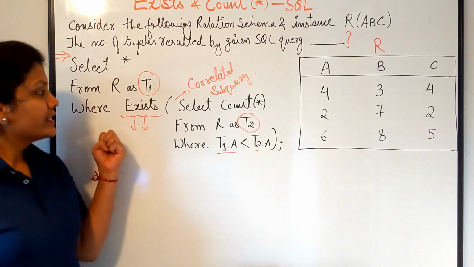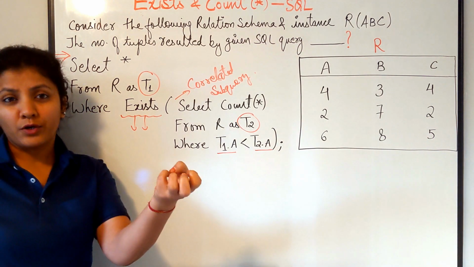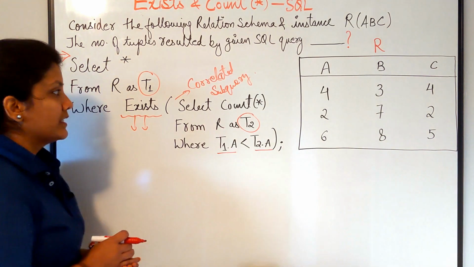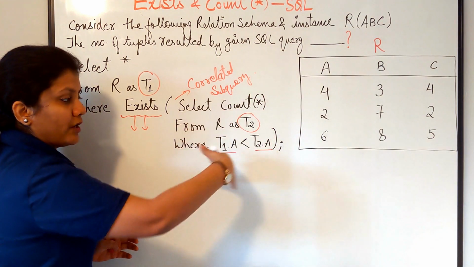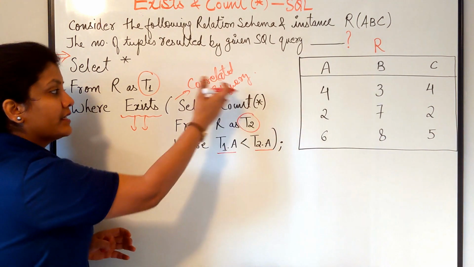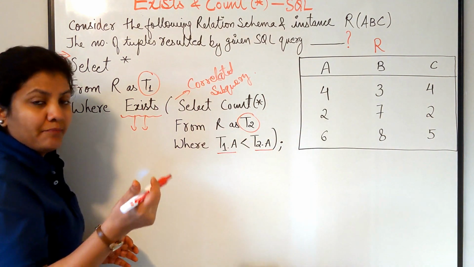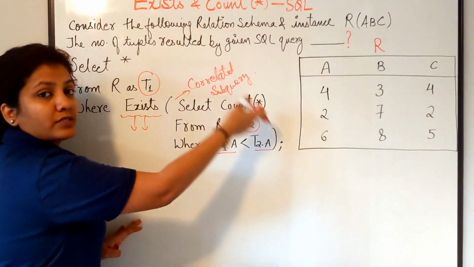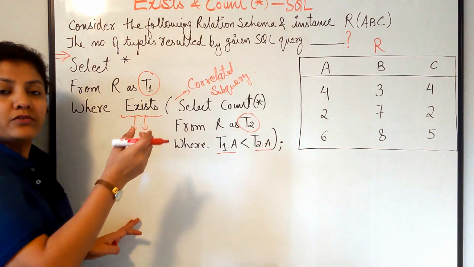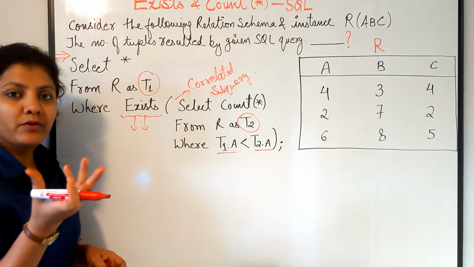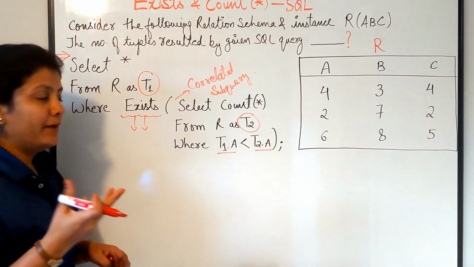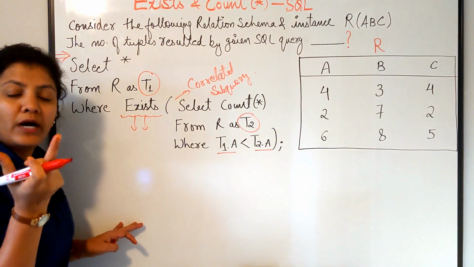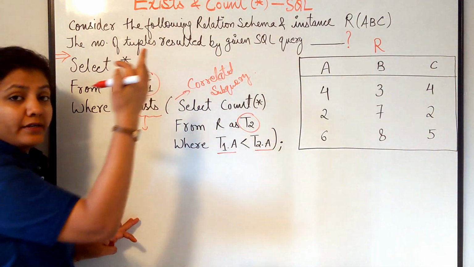So it can be said that it is used for the test of an empty relation. If the inner query results in something, meaning it doesn't give an empty relation, then the EXISTS clause returns the boolean value true for that particular tuple.